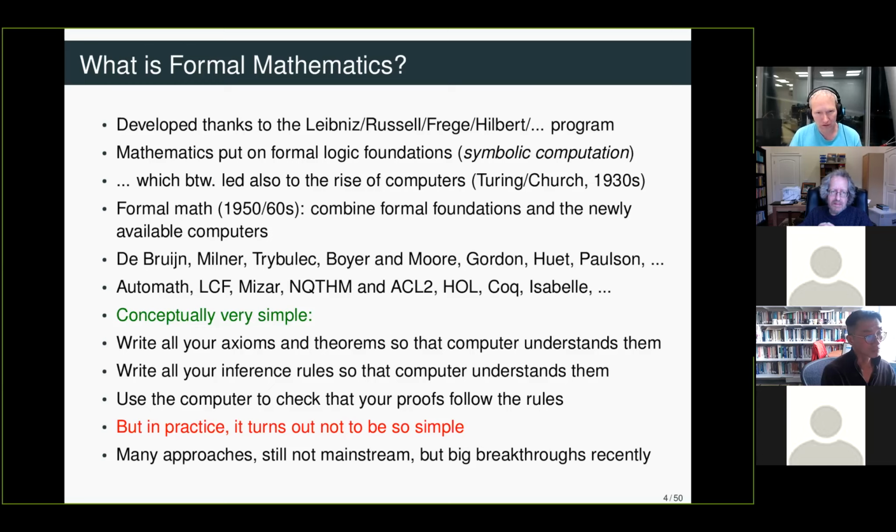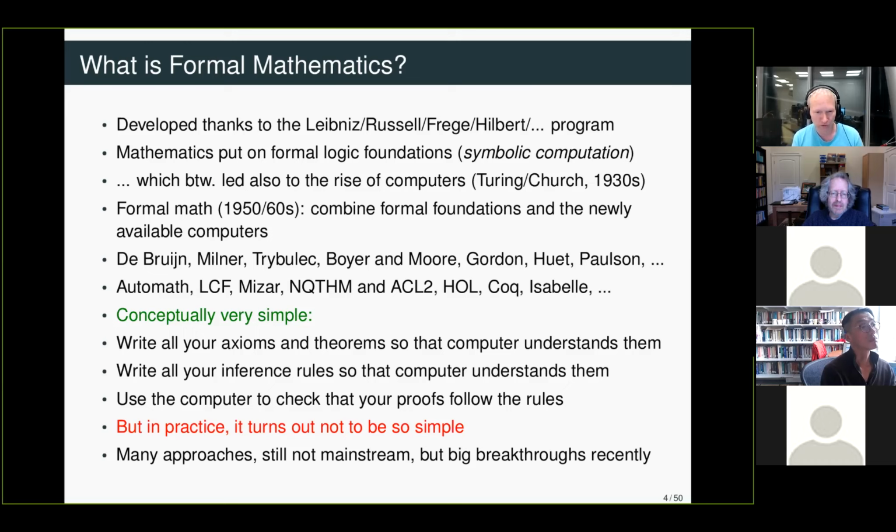And the formal math, this is, I think, borrowed from Tom Hales's talk at the Bourbaki seminar, is conceptually very simple. You write your axioms and theorems in a parsable, computer-understandable way, so basically you invent a programming language for that.